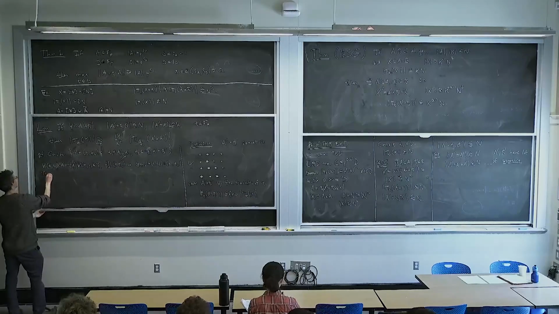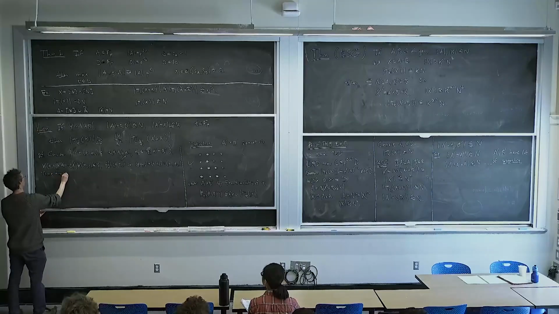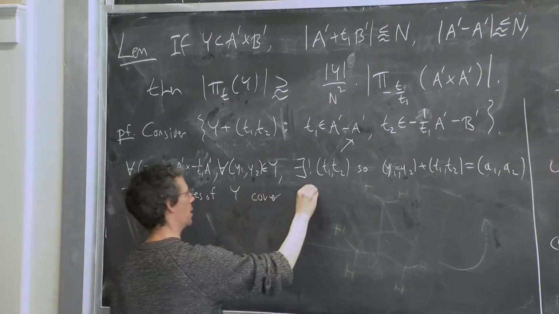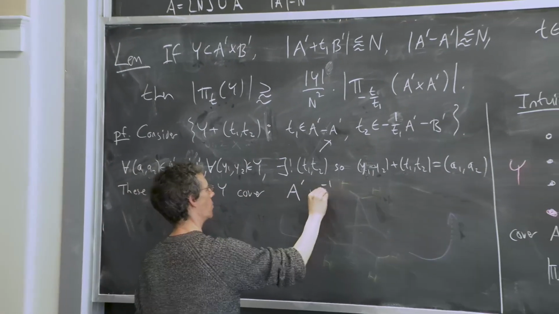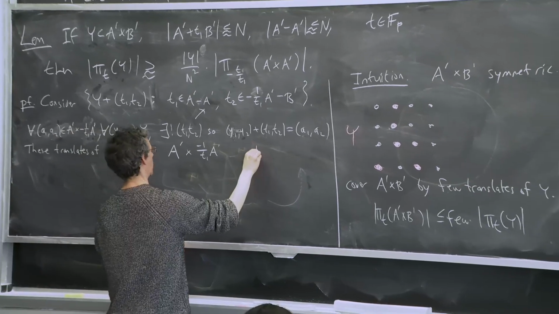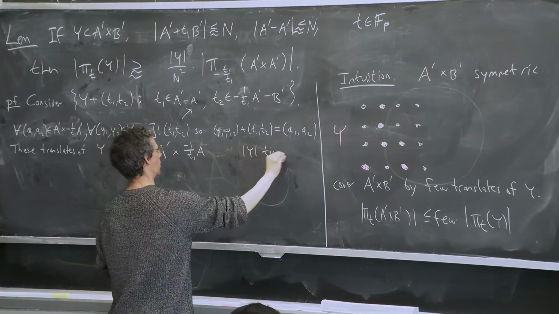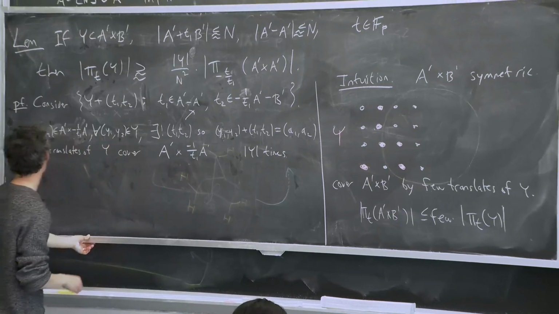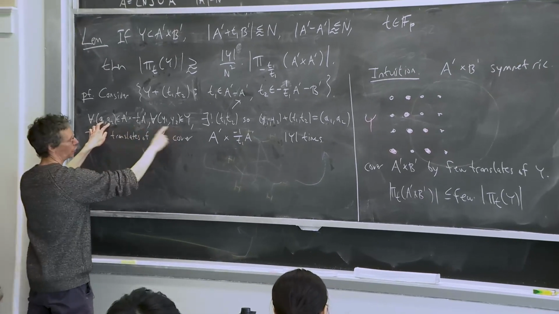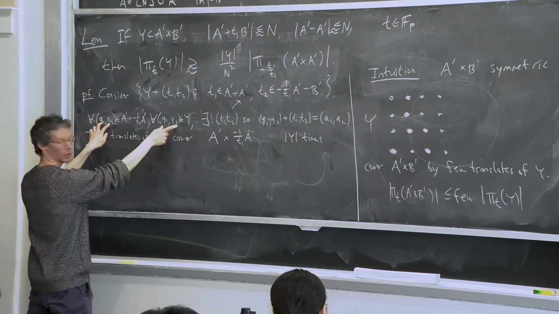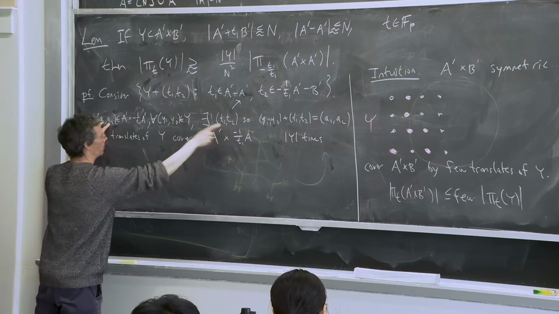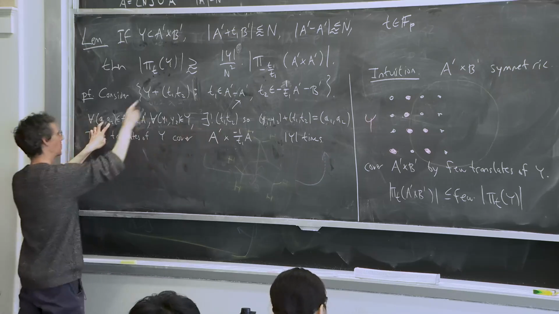So these translates of y cover A prime cross negative 1 over t1 A prime. They cover each point in here |y| times, because for each point in here, I have the cardinality of y choices for this guy, and then there's one translation in the set of translations that lands here.